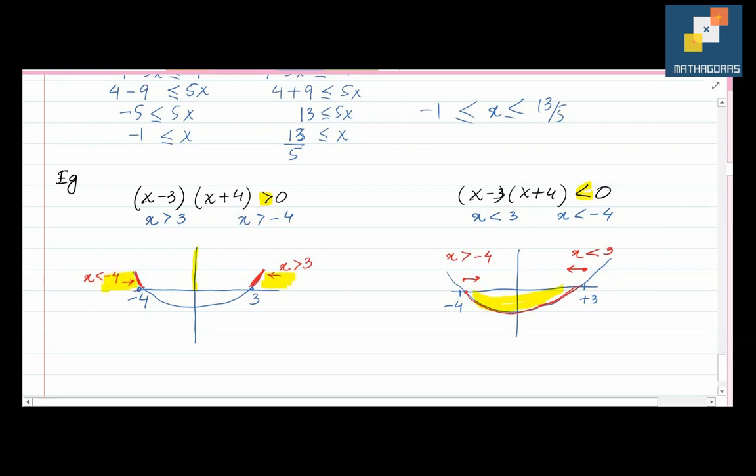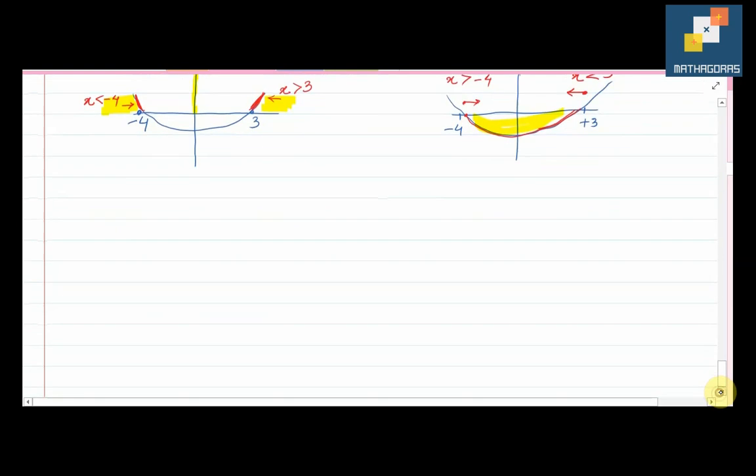Keep in mind: less than inside, greater than outside the curve. I hope now you have an idea how I am using the signs of inequality. Now in the next question, apply this method. Inshallah you will get the right answer.